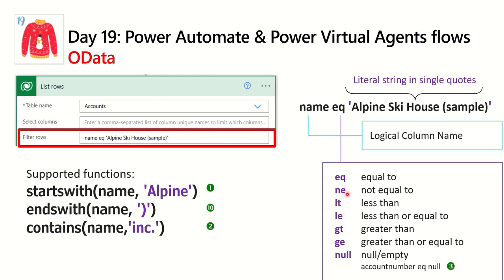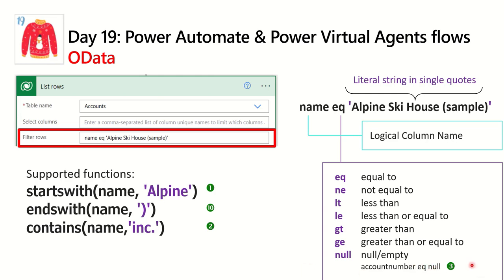So these e's mean or equal to. gt is greater than, ge is greater than or equal to. And then you can also use null sometimes. You don't use it in the same way as these others. You might just say here, account number eq null, which means that it's blank, it's empty.